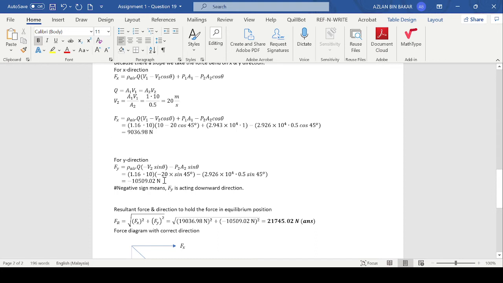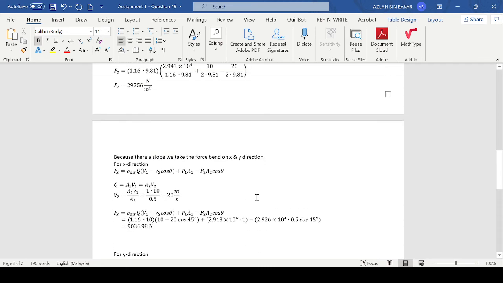The negative sign indicates the direction of the force: if it is positive, it acts upward, but if it shows negative, it acts downward. This is just for reference.